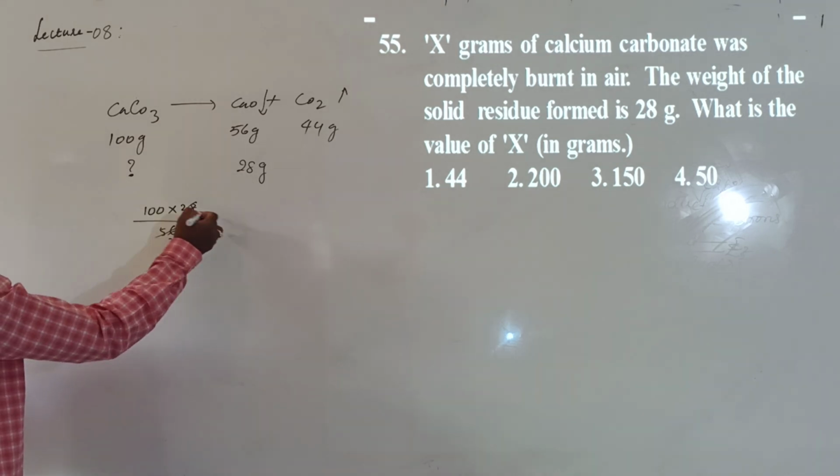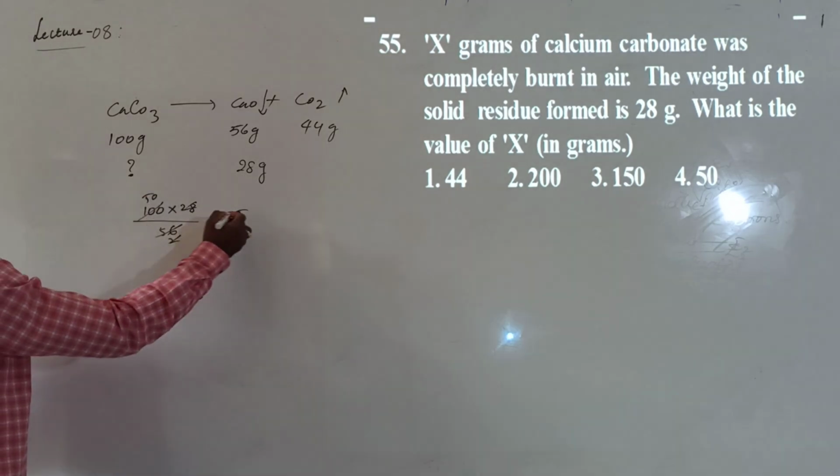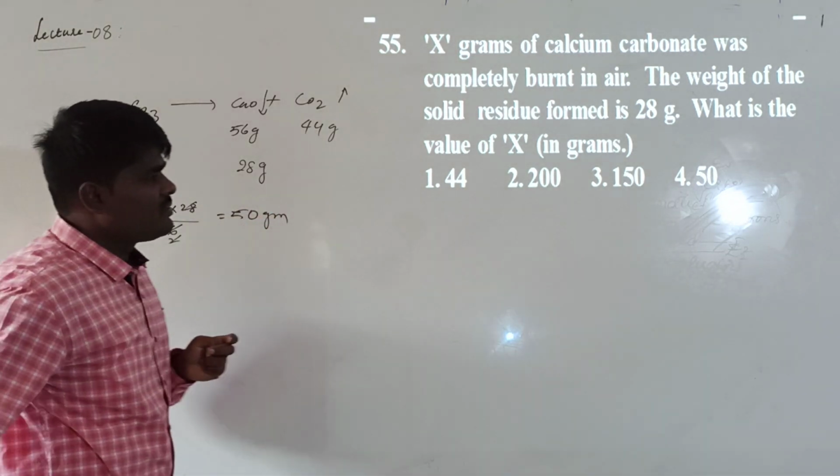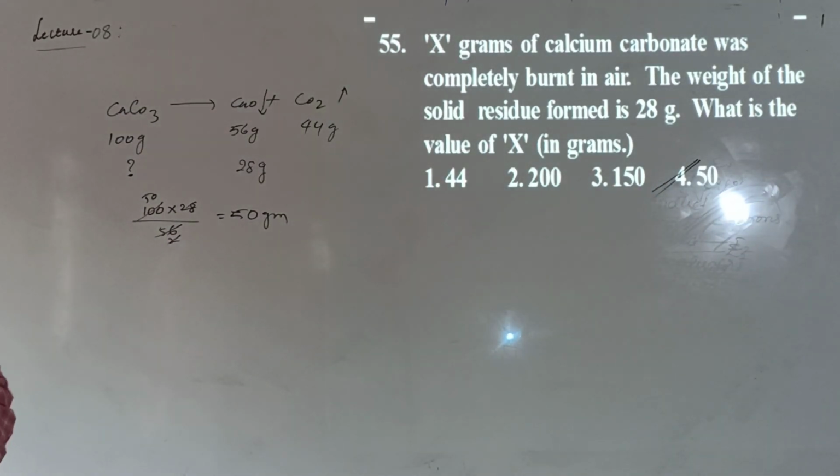So it comes to 50 grams. So what might be the weight of this calcium carbonate? 50 grams of calcium carbonate will give us 28 grams of residue.